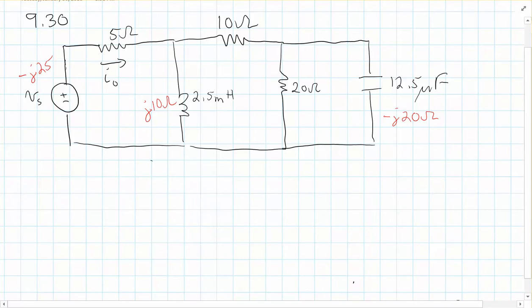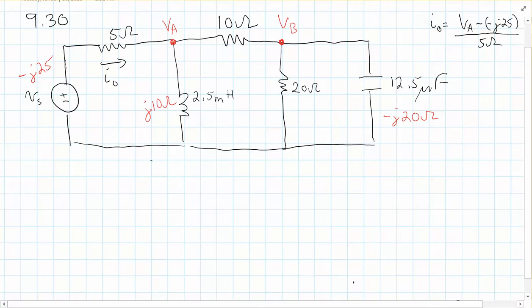Alright, so I'm going to do nodal analysis, and the reason I'm going to do nodal analysis is that if I look at this node right here, and I call this VA, and I look at this node VB, I can clearly see, and I'll put it off to the side here, that I out is simply going to be VA minus negative J 25 divided by 5 ohms.